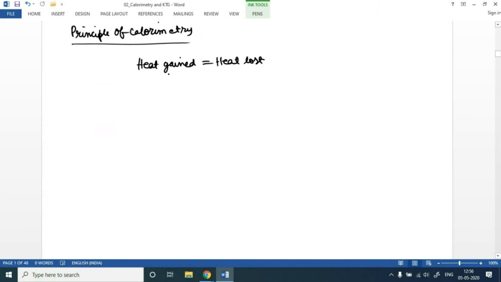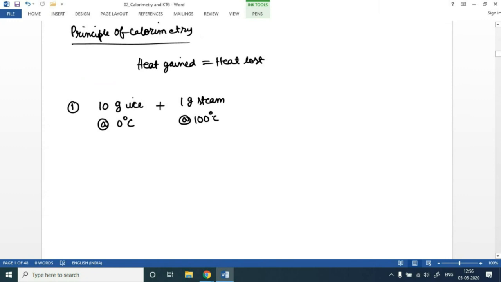So we will be looking at some mixing questions. First case, let's say we mix 10 gram ice at 0 degrees Celsius with 1 gram steam at 100 degrees Celsius in a calorimeter.